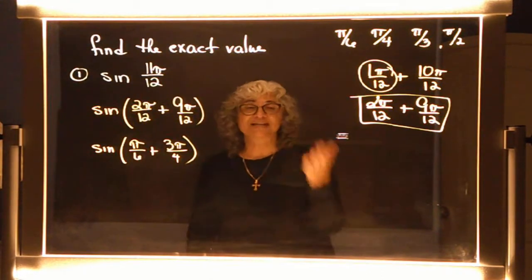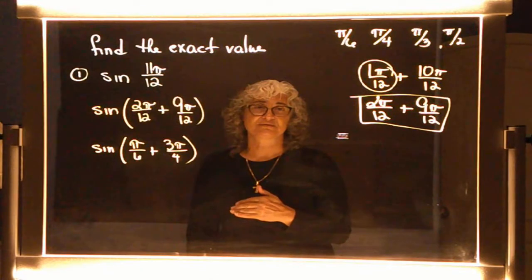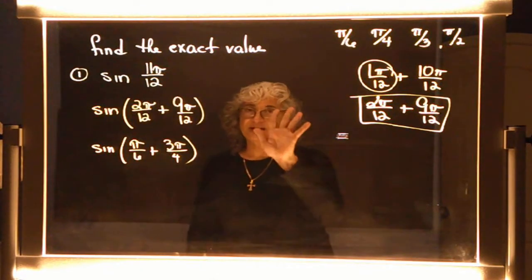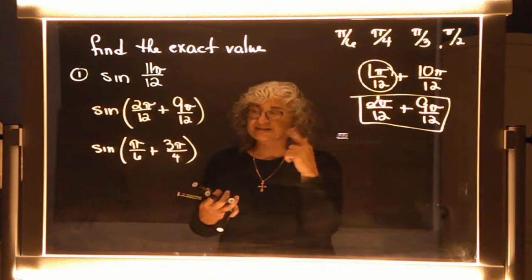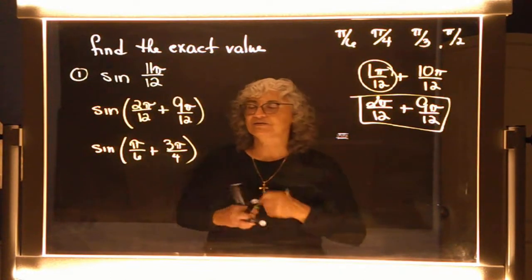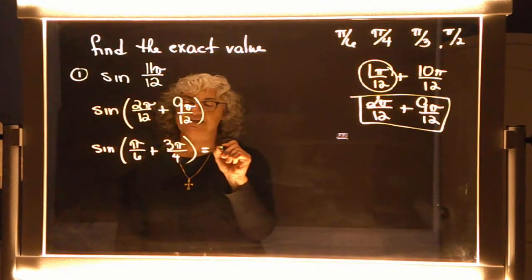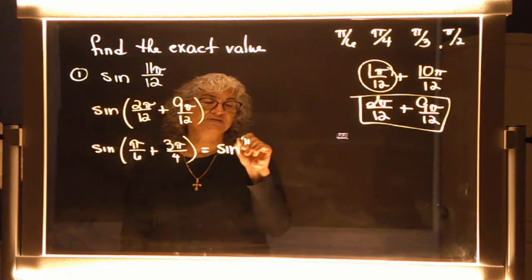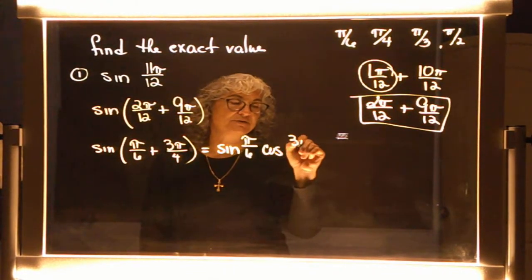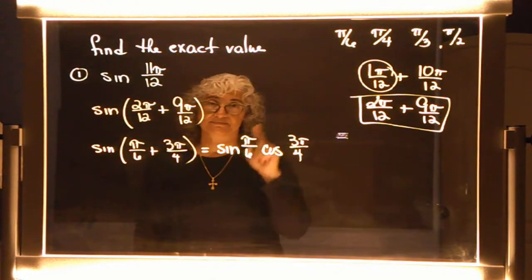And now you're like, okay, now I've got the sum of two angles. So you've got to go use that sum formula, don't you? For addition, for sine, right? Okay, so hang in there a second. Let's see if we can walk ourselves through this. Remember, sine's not the greedy one. So I would take the sine of pi over 6 and multiply it by the cosine of 3 pi over 4.